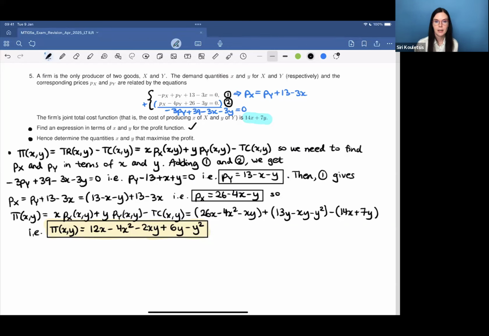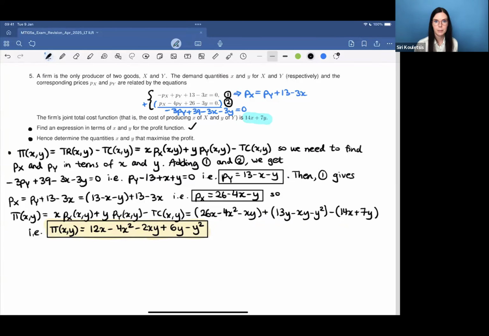Now, the first thing we need to do is to find any critical points of the profit function. And remember that when we solved the Lagrangian earlier, we used precisely those conditions.